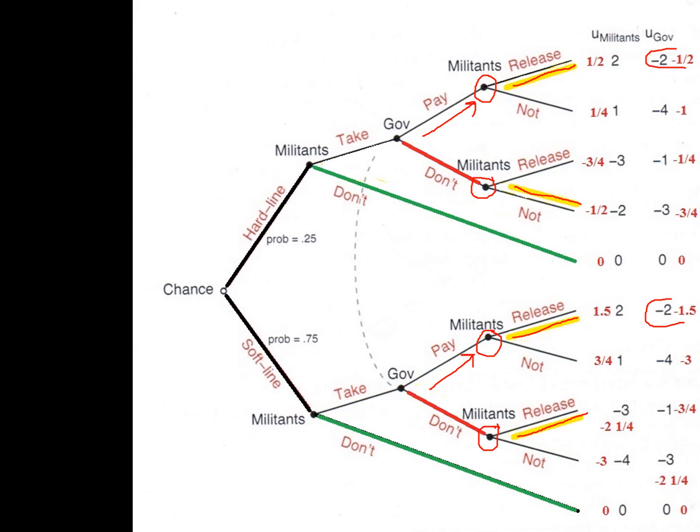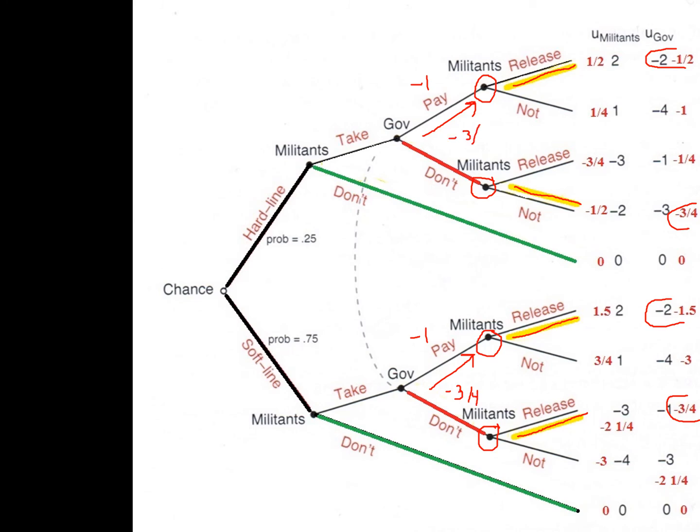We have here the payoff to pay as minus half and minus 1.5 divided by 2, and that's going to give us a payoff of minus 1. So the payoff to pay is going to be minus 1. And we compare this with the decision not to pay. And the decision not to pay is again the average of the payoffs, which is going to be minus 3 over 4 and minus 3 over 4, which is going to be minus 1.5 divided by 2, which is minus 3 over 4.